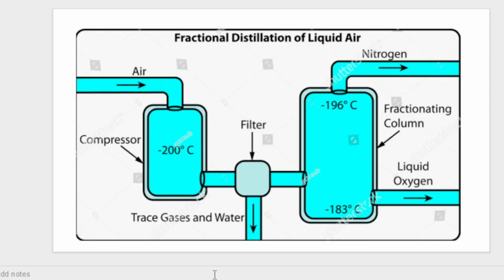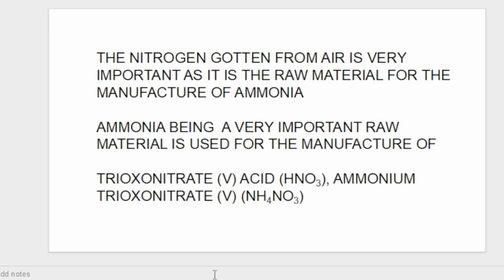The nitrogen gotten from air is very important as it is the raw material for the manufacture of ammonia. Ammonia, being a very important raw material, is used for the manufacture of trioxynitrate 5 acid, that's HNO3.